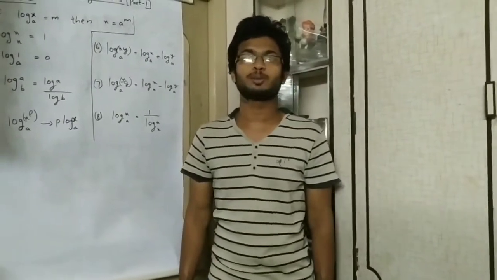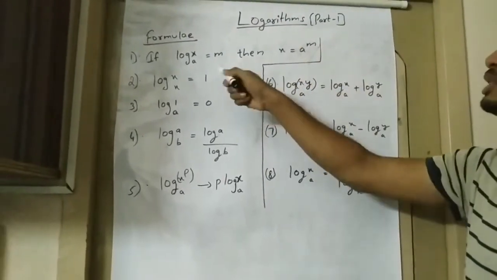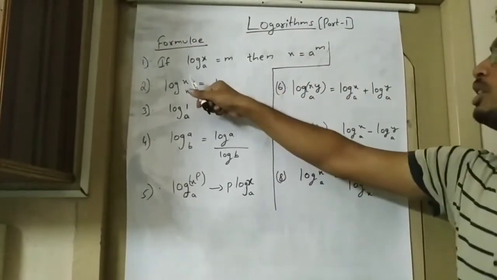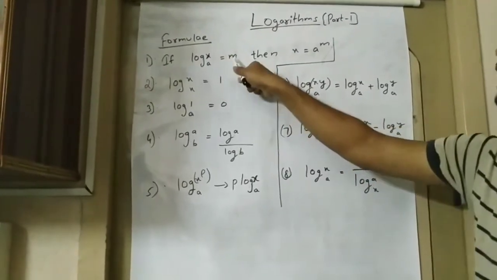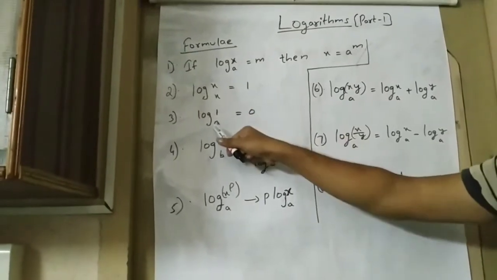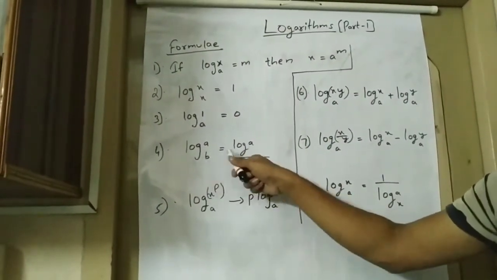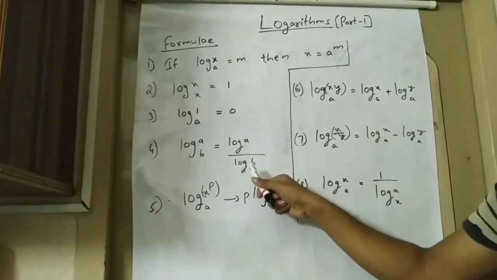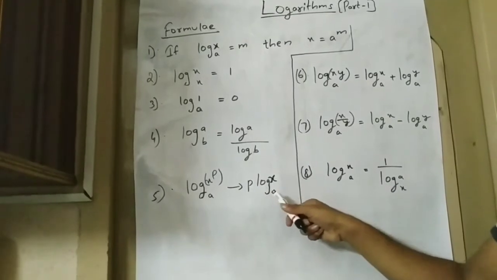So today our topic is logarithm part 1. For this you need to know some basic formulae. If log x base a is equal to m, then x is equal to a power m. Log x to the base x is 1, and log 1 to the base a is 0. Log a base b is equal to log a by log b, and log x power p base a is p log x base a.